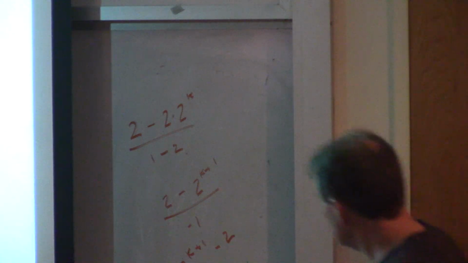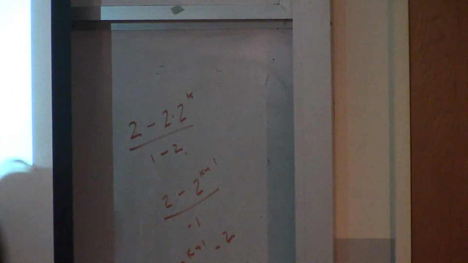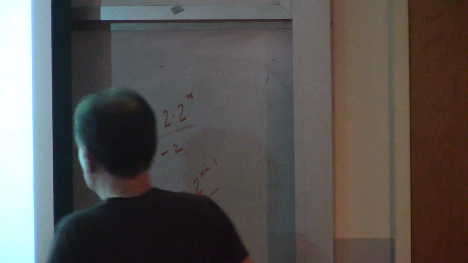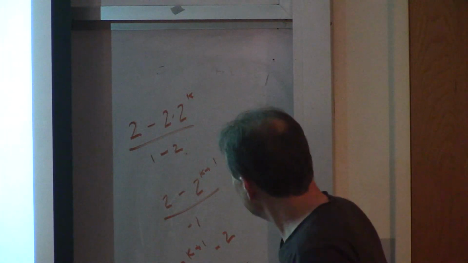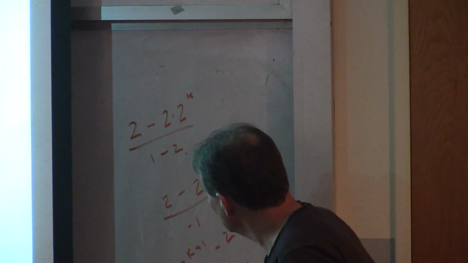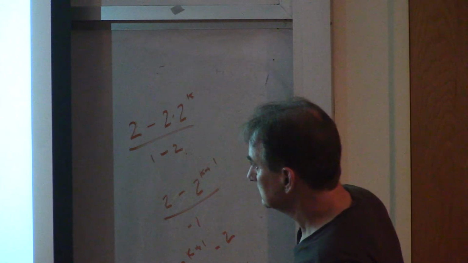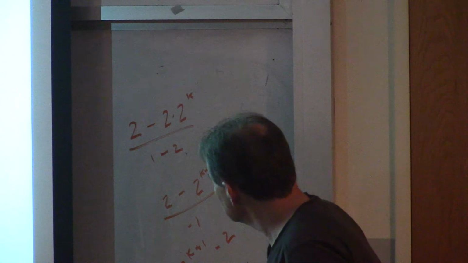So take this, which is the result of this. So we have k times 2 to the k plus 1 minus 2.